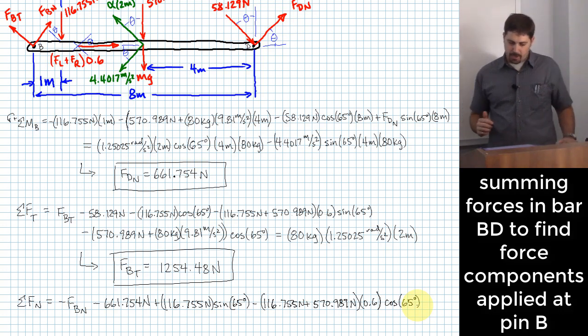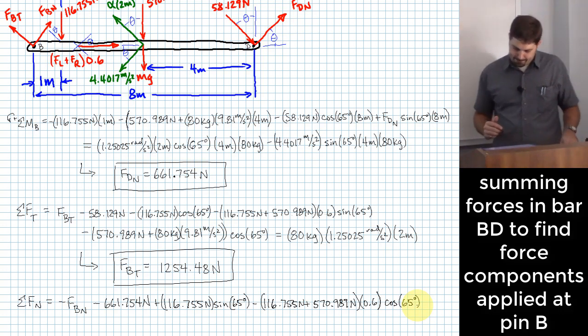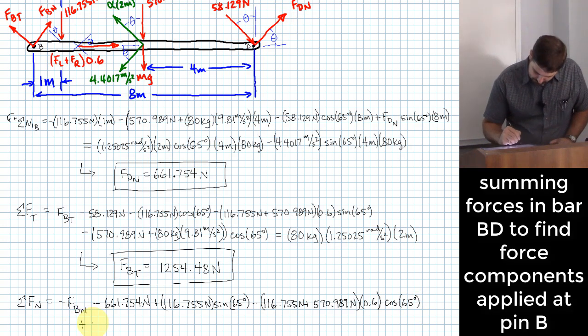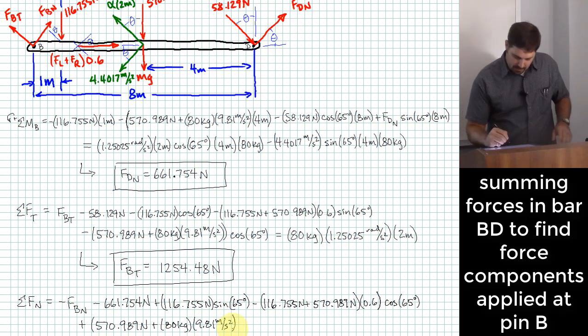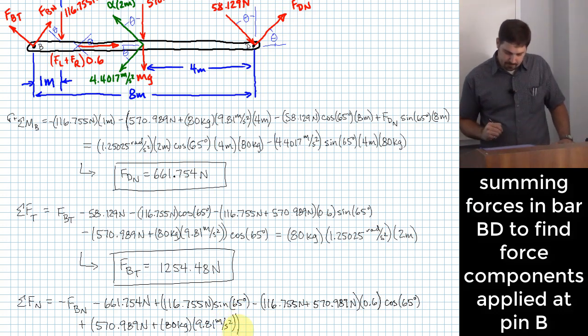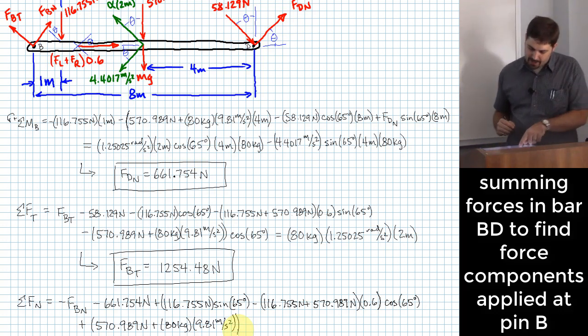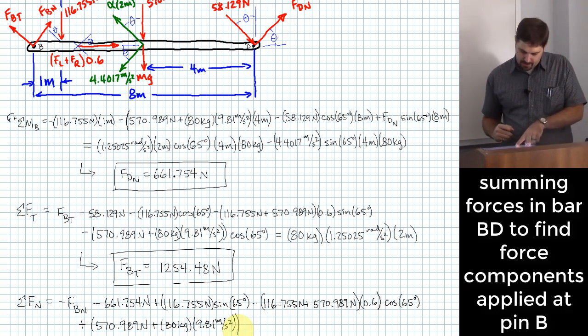Okay, then what? 570 plus the weight, and that gets multiplied by what?